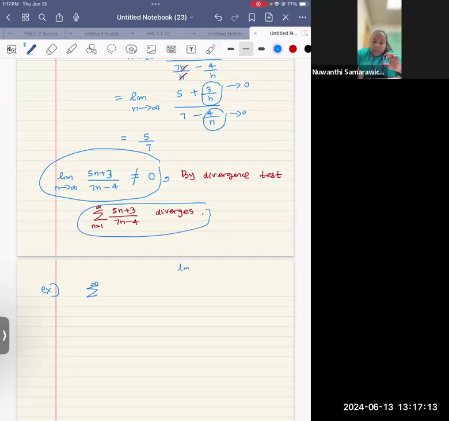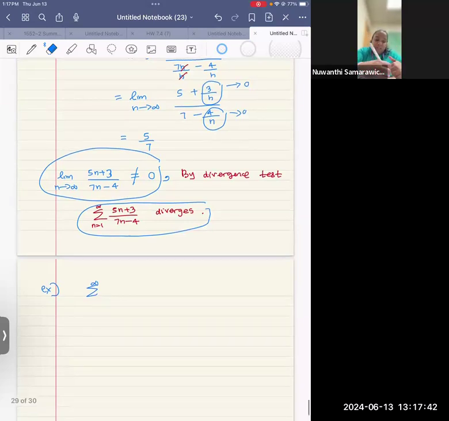If the limit is equal to 0, we cannot say whether it is divergent or convergent. We have to use another technique. I will teach different kinds of techniques, but that's the idea.